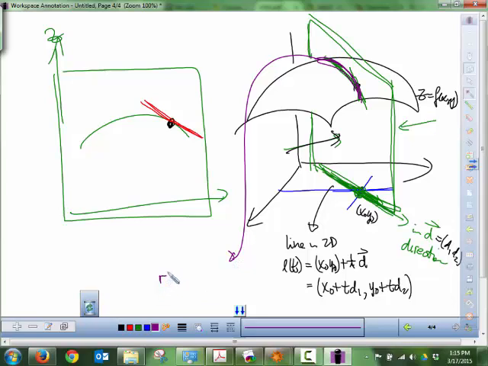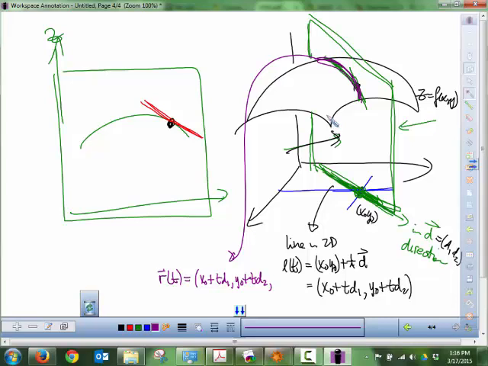Let's call this R of t. And that should equal, at least the x and y components should be the same, right? So let's call it x naught plus t d1, y naught plus t d2. So the x and y components are the same. Where?